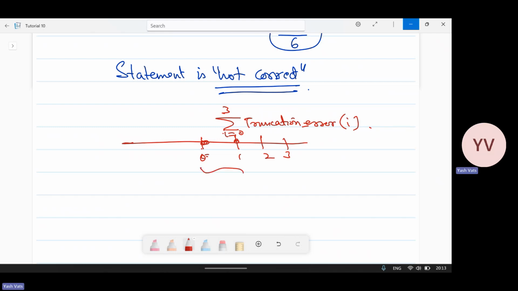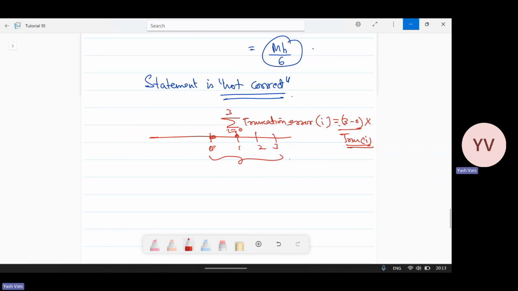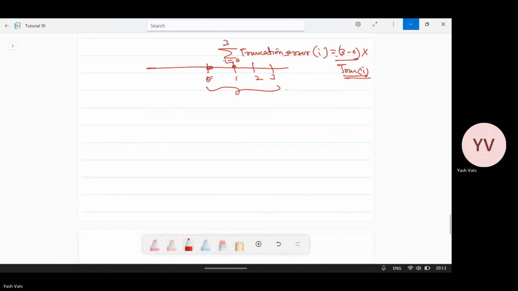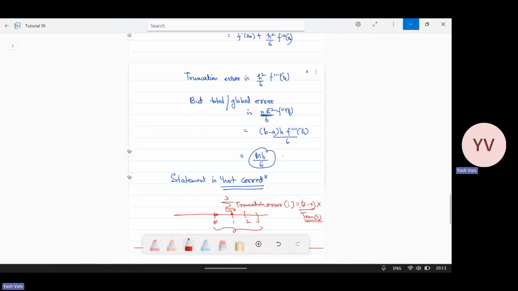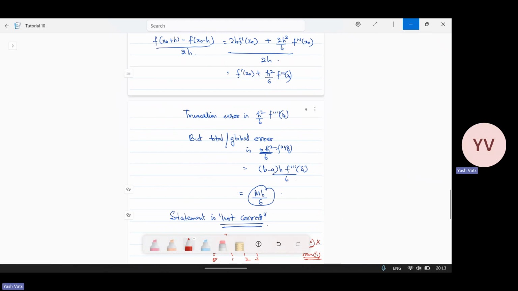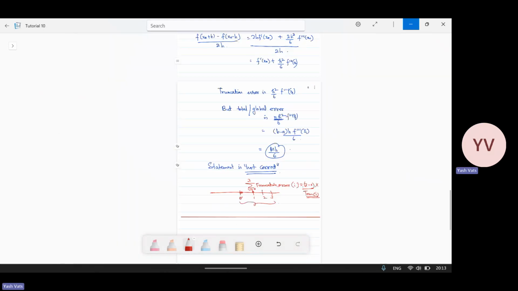So it is basically 3 times (3 minus 0) times the truncation error at i. So that's what I did. We will have a short break, and we will discuss the rest of the 5 questions soon.